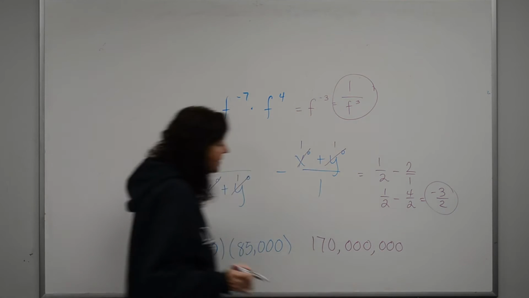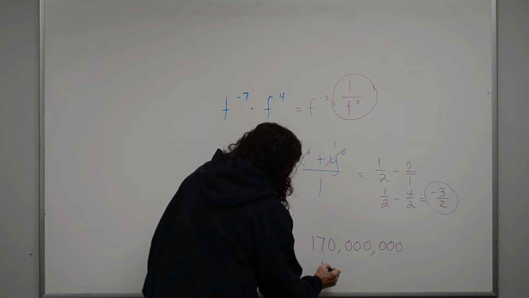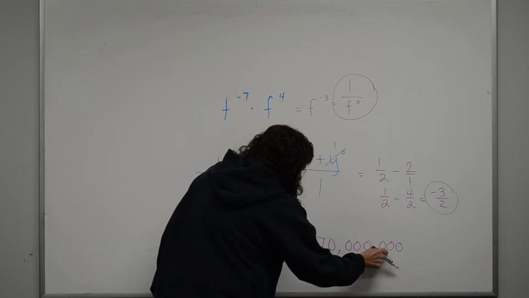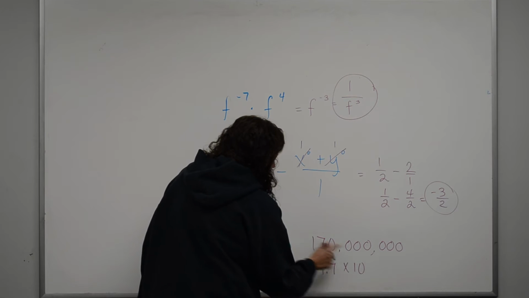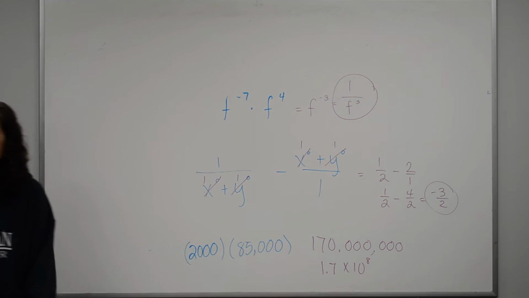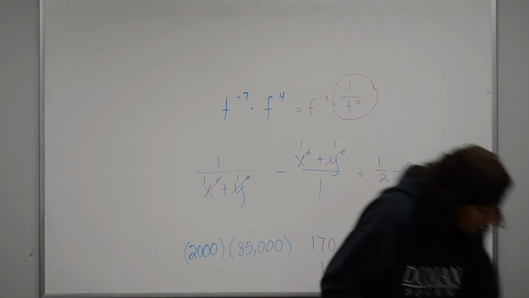So I have 170 million. Then I have to put it in scientific notation, and I have 1.7 times 10 to the 1, 2, 3, 4, 5, 6, 7, 8th power. And it's a big number, so I know it's positive. Okay? We good? All right, moving on to the second section then.